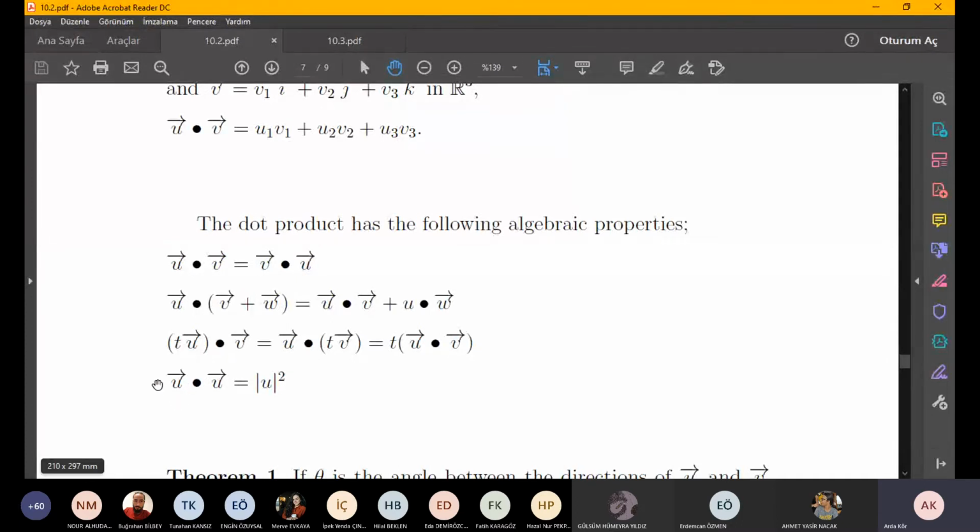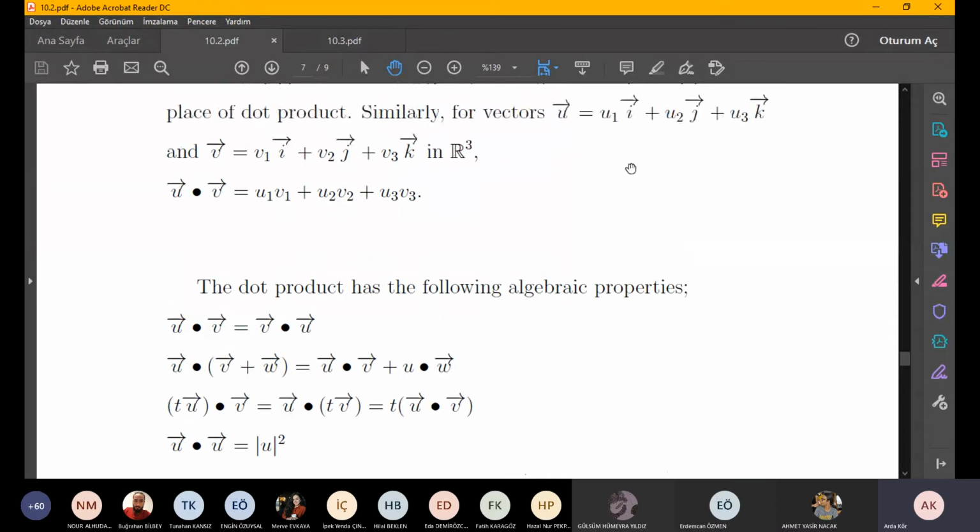If we let u be the same vector with components u1, u2, and u3, then the dot product is u1 squared plus u2 squared plus u3 squared, which is actually the square of the length of u, since the length of u is the square root of u1 squared plus u2 squared plus u3 squared.